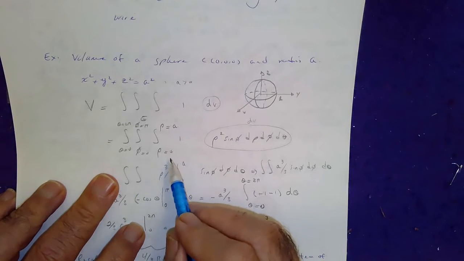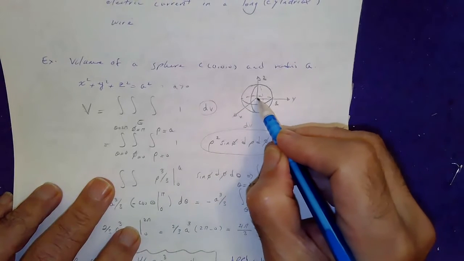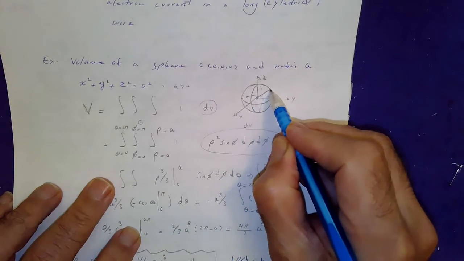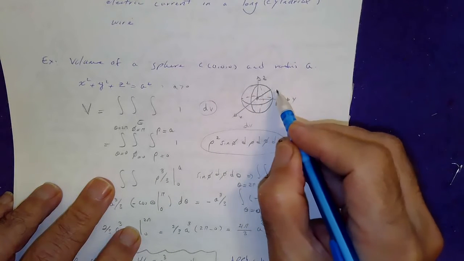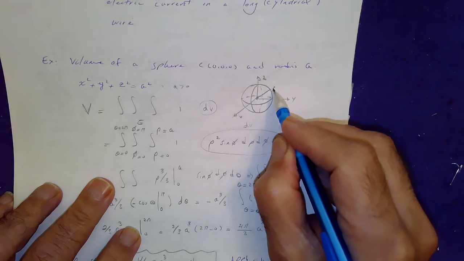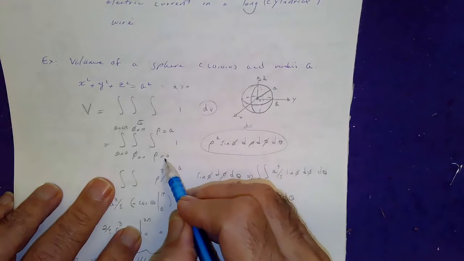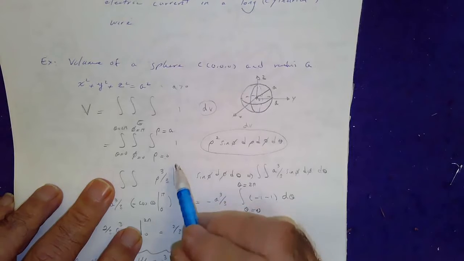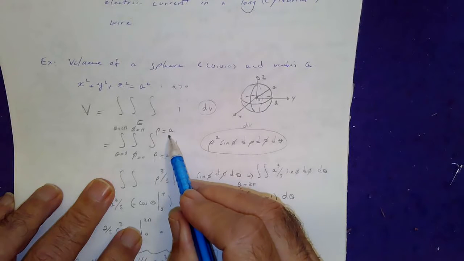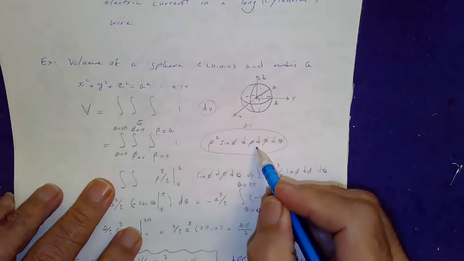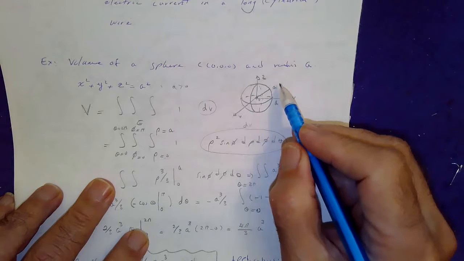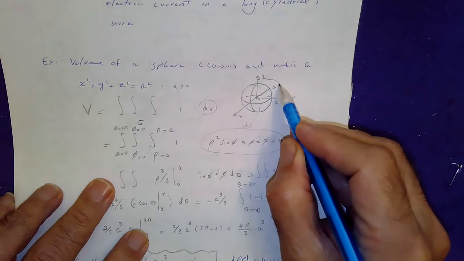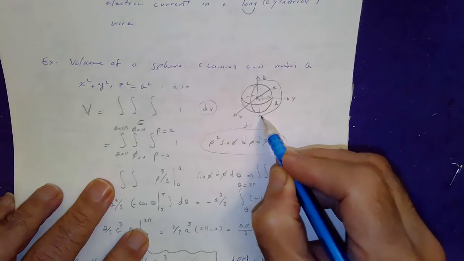So now, rho is the radius. So you're going from 0 to what? Till you hit the radius, which is a. So rho goes from 0 to a. Okay. Now, that's from the coordinate system to the sphere. Phi, remember, goes from what? North pole all the way to south pole.